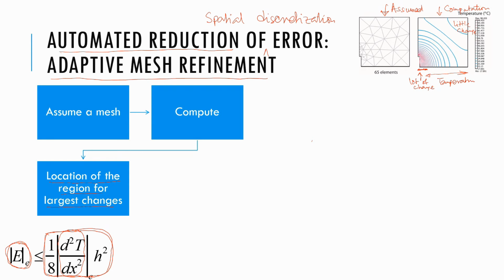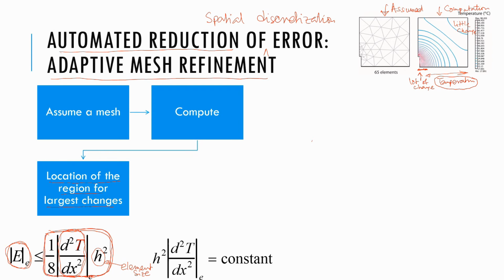We can calculate that, and h is my element size. So in some situations we have this as the estimate of error. Because I already did my computation, I know d squared T dx squared, so I basically know where the large errors are.